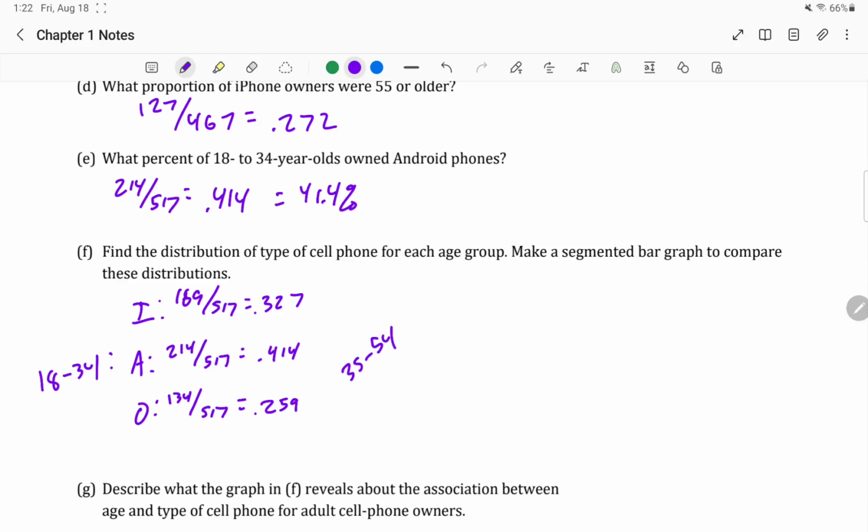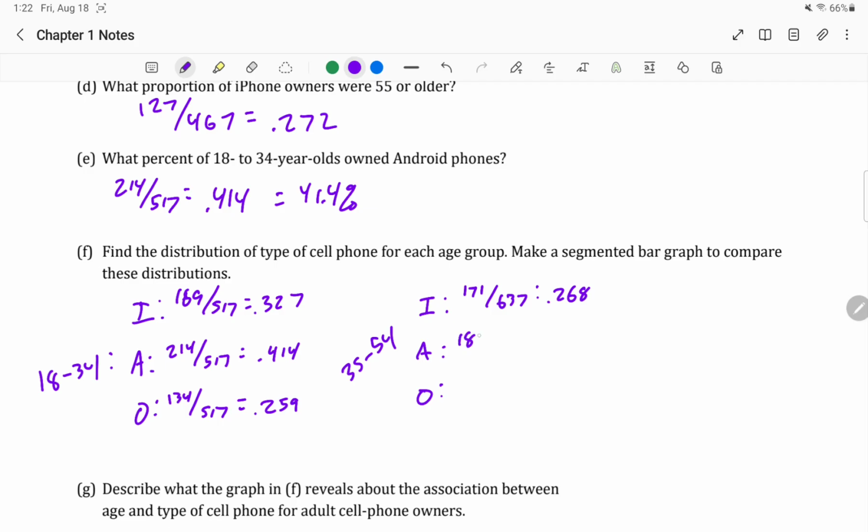All right, so now I'm on the next age group, which was 35 to 54, iPhone, Android, and other. iPhone here was 171 over 637, which was 0.268.